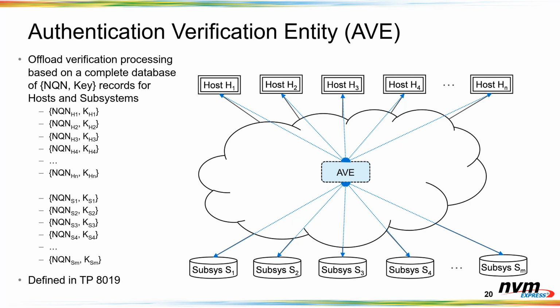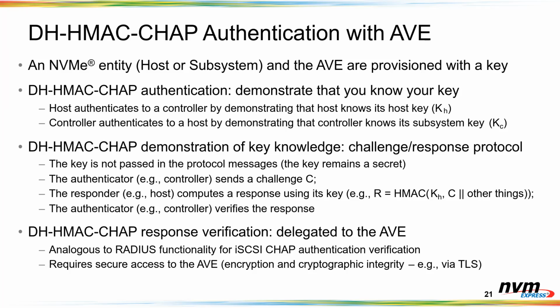And how does the protocol change once I deploy an AVE in my fabric? Everything stays the same. Everything needs to be provisioned with a key. The authentication is still that you need to demonstrate that you know your key. In order to demonstrate the key knowledge, you use a challenge response protocol.